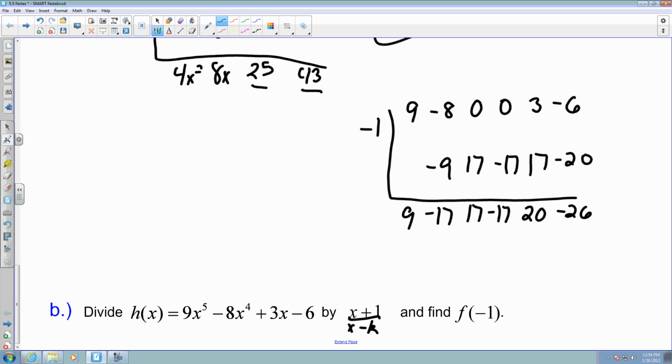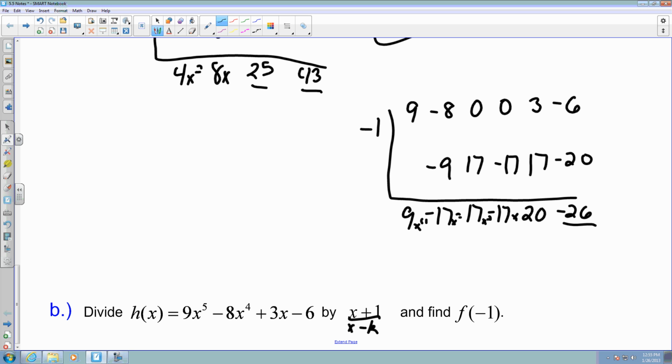So here is our remainder. 20 is our constant. This here is x, x squared, x to the 3rd, and x to the 4th.